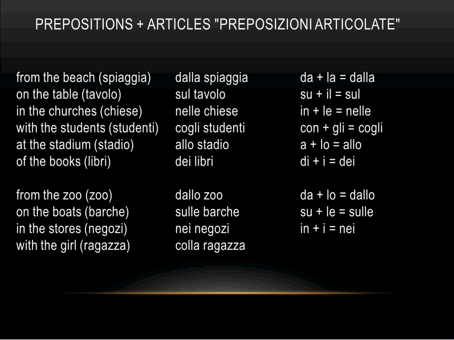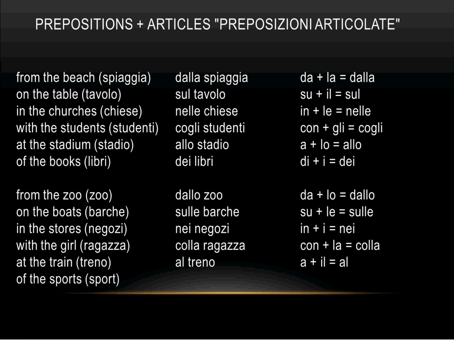Did you come up with con la ragazza? Con plus la, our definite article. Con la ragazza. How about at the train? Treno. Did you say al treno? Simply our preposition a plus il equals al.